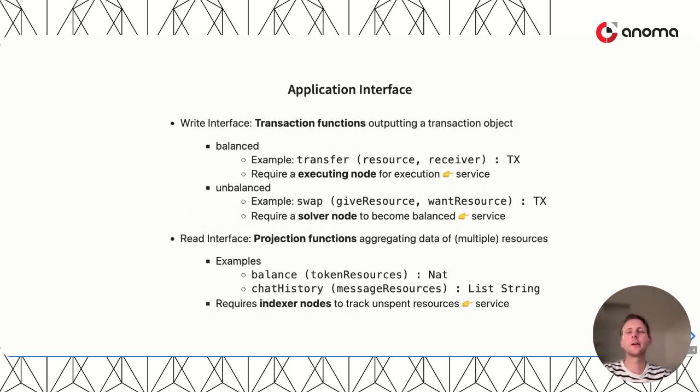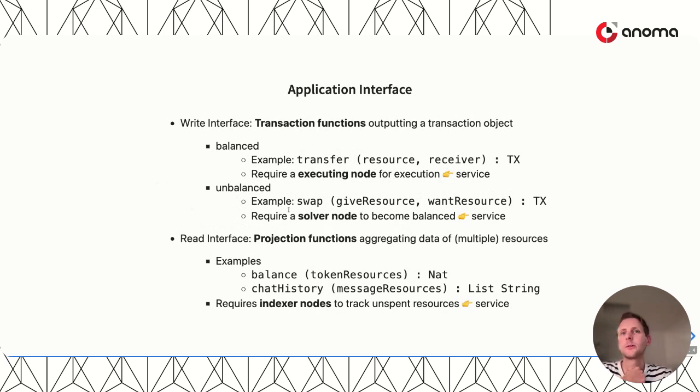The interface, on the other hand, contains transaction functions, as we already discussed. This is how the transfer function would look. It would receive a resource and a receiver as an input argument and output a transaction. And it would require some executing node or block producer to actually execute this transaction. So you need this service from an external node, or you are running a node yourself.